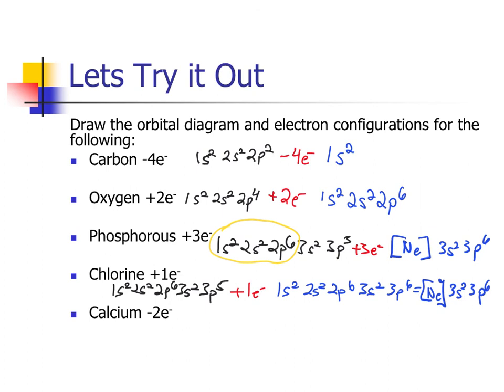For calcium, we're going to shorten this one up a little bit. Let's go with the noble gas core of argon. Because if we look at the electron configuration for argon, it would be that. So what I'm saying is argon has everything that's there except for that.